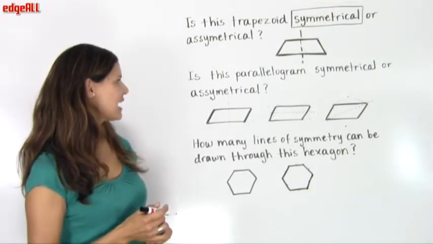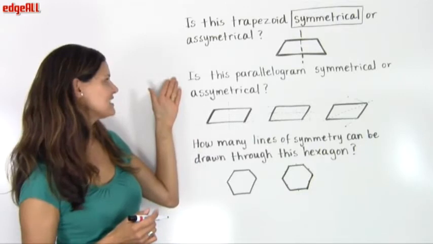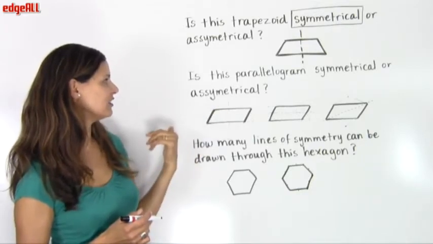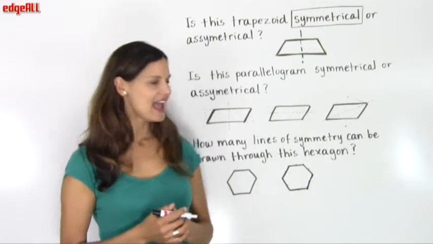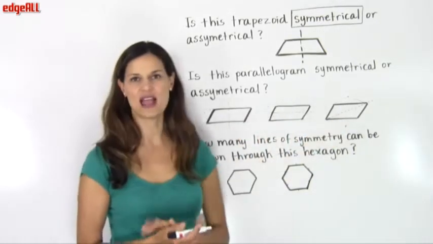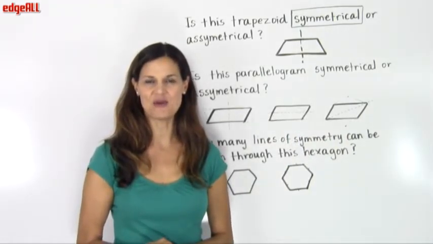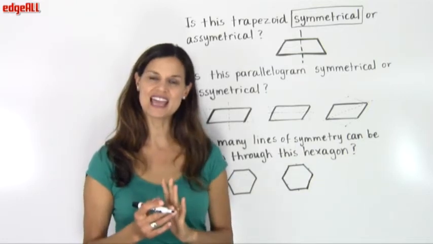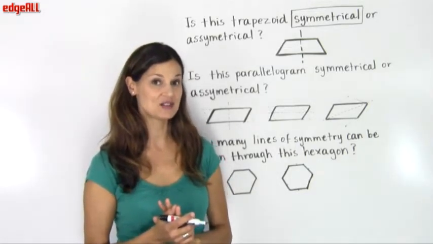In our next example, we have a parallelogram. So the question is asking us, is this parallelogram symmetrical or asymmetrical? And what I've done in this case is I've drawn the same parallelogram 3 different times because we're going to take a look at what happens when we draw lines through the parallelogram and try to see if they're symmetrical.